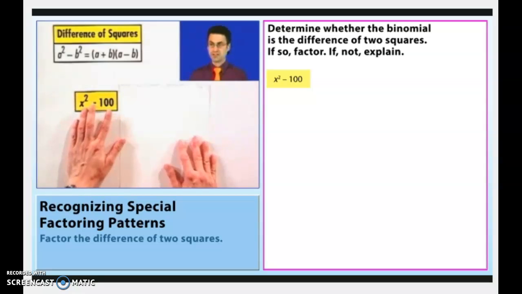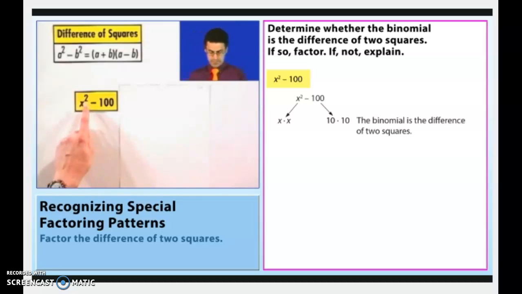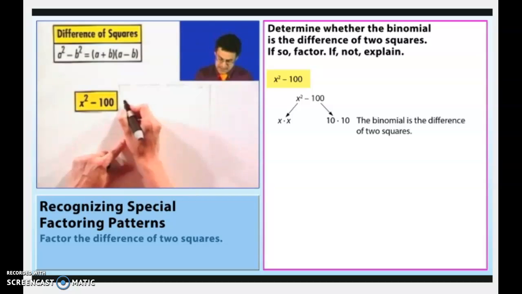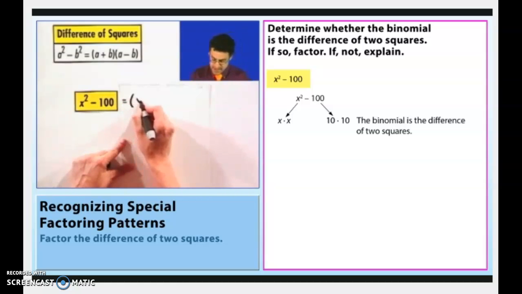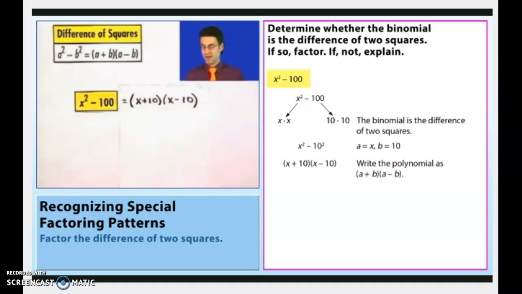Is that a difference of 2 perfect squares? The answer is absolutely. X squared is a perfect square. 100 is a perfect square. So I can instantly factor this as x plus 10 times x minus 10. I love it. Let's try another one.